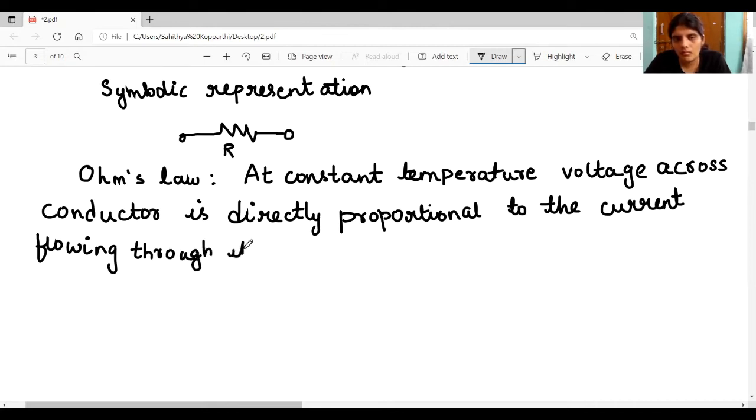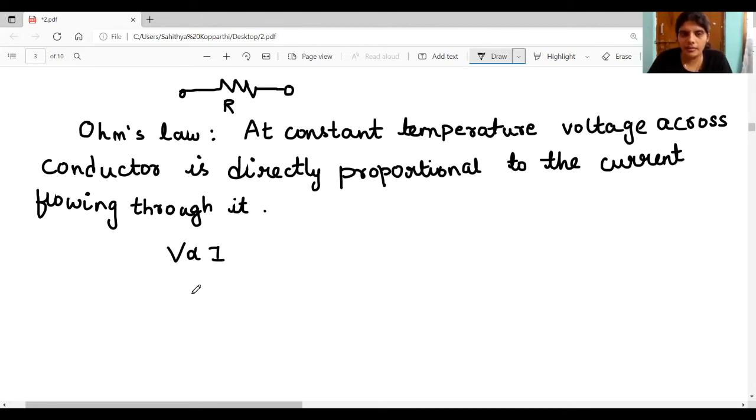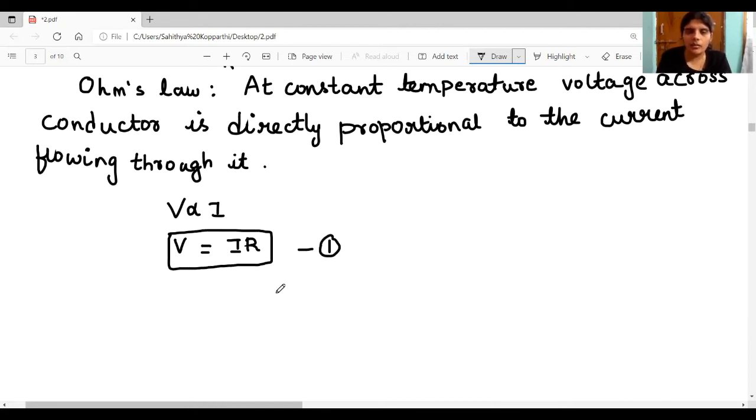So V is directly proportional to I, and when you remove the proportionality constant, you get V is equal to IR. So this is equation 1. And also you can write it as I is equal to V by R.